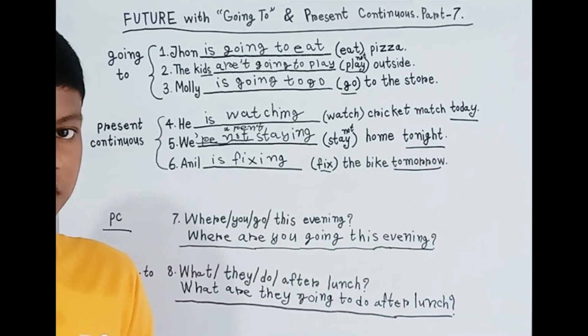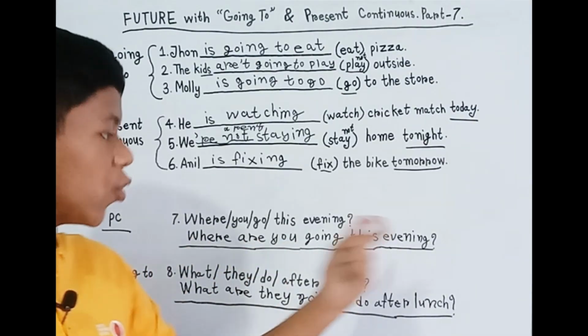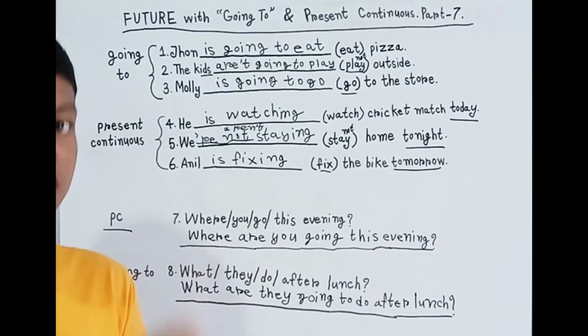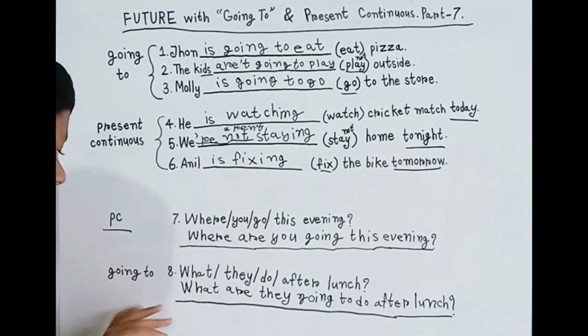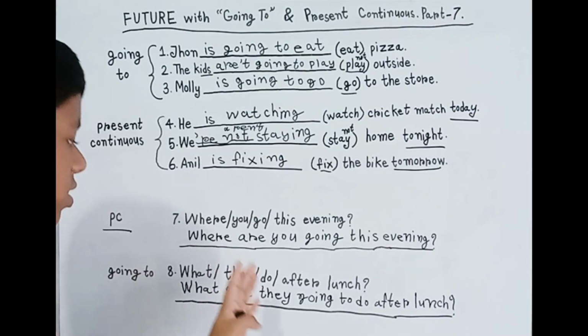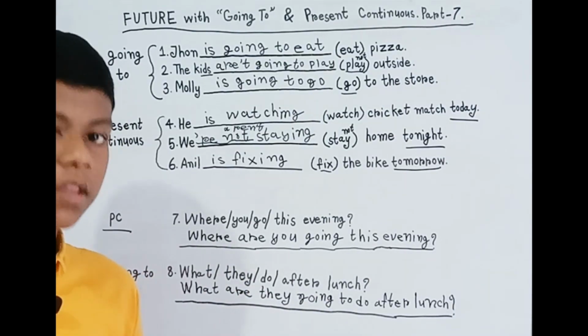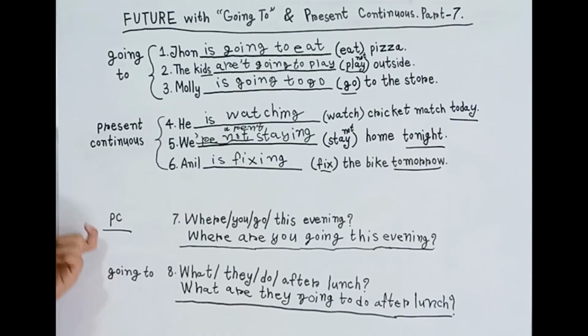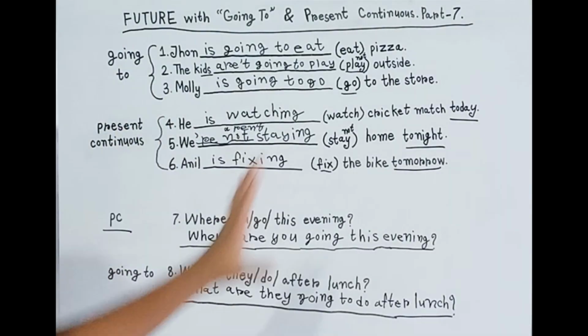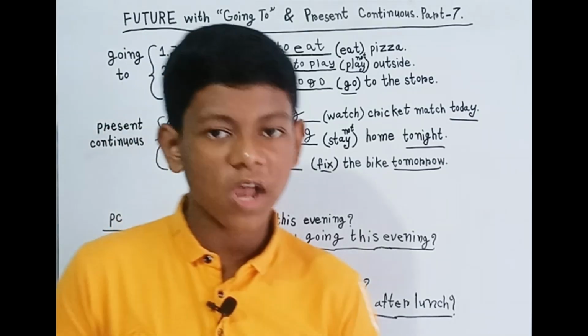We can also use this, where aren't you going this evening, if you want to make it negative. And in this case, with going to, you can also use what aren't they going to do after lunch? So we can use both positive and negative with both of these questions. So these are the real concept of this future with going to and present continuous.